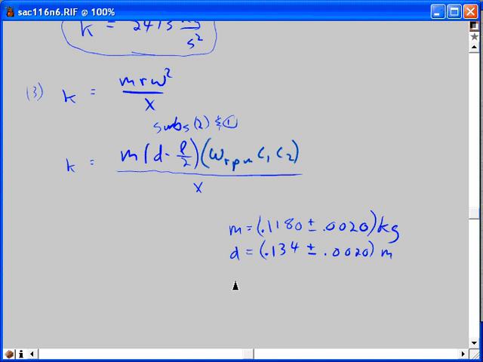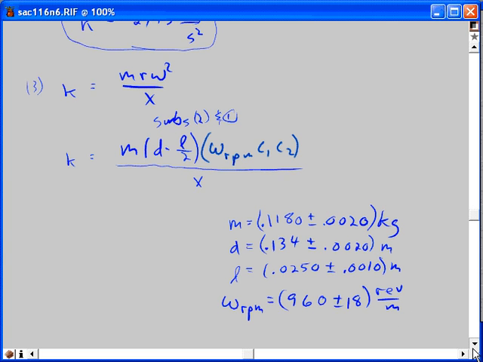And then I've got L, the lowercase l, is equal to 0.0250 plus or minus 0.0010 meters, and omega RPM given as 960 plus or minus 18 revolutions per minute.